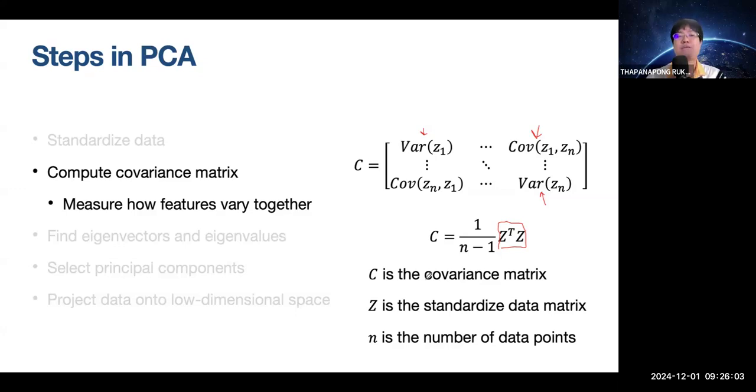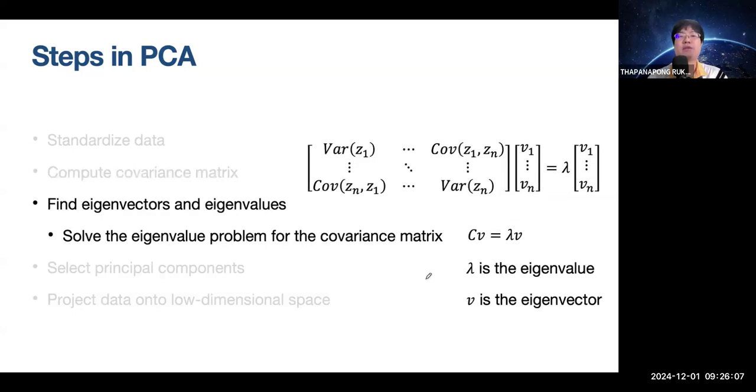And once we have the covariance matrix, we are going to find the eigenvector and eigenvalue, right? So we want to solve the eigenvalue problem. We have matrix C, and we want to find the eigenvector and eigenvalue.